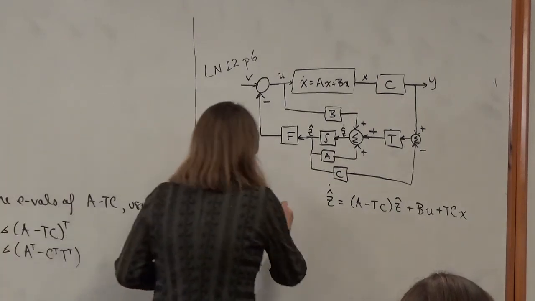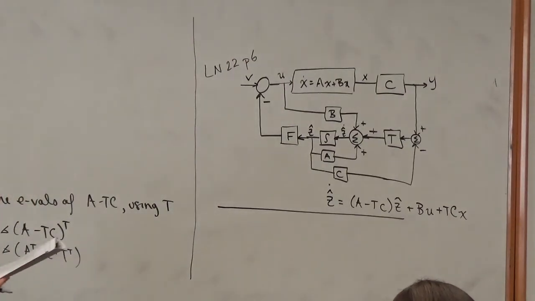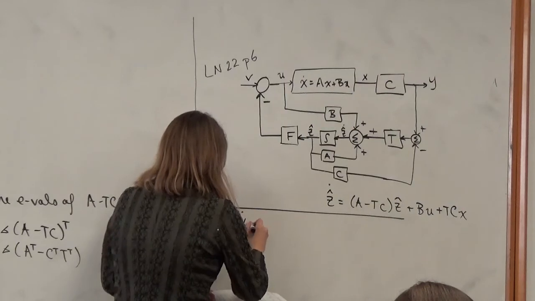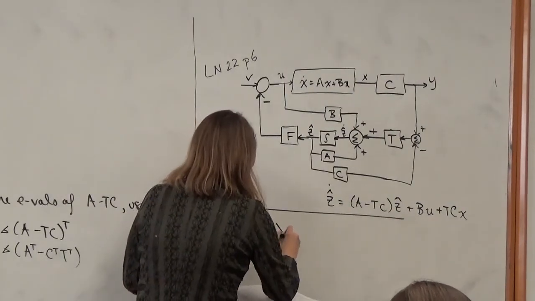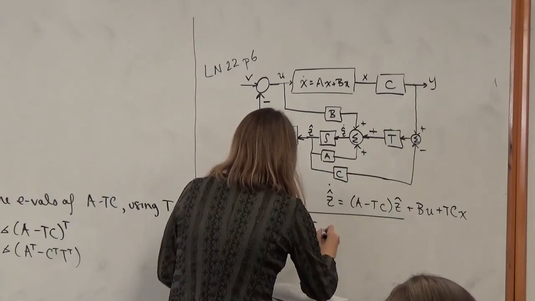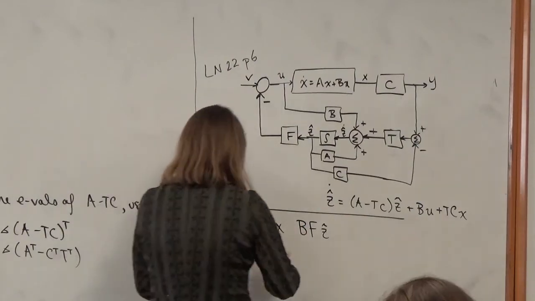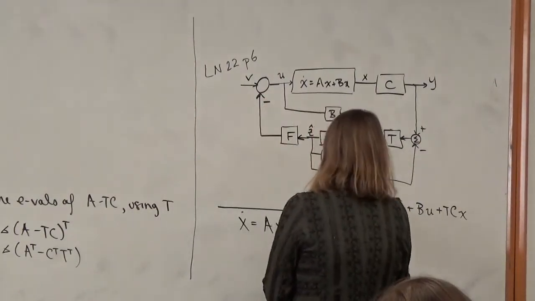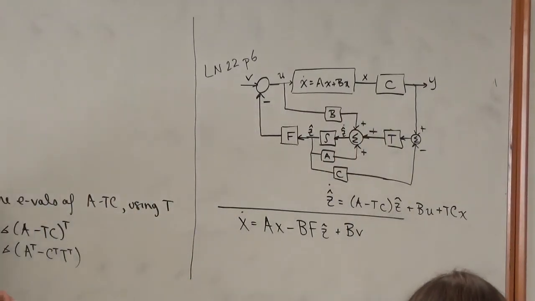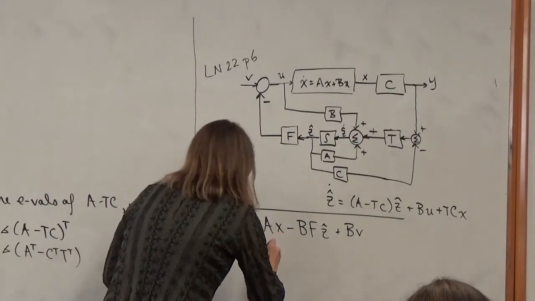So now let's write out the equations for the closed loop system. All right, so x dot is equal to ax plus bu, but bu is minus BF z hat plus BV. And z hat is going to be affected by that.